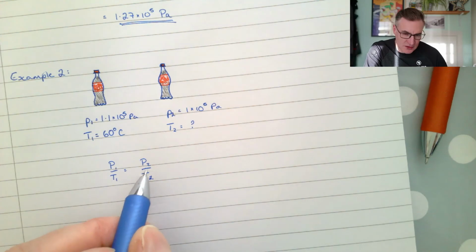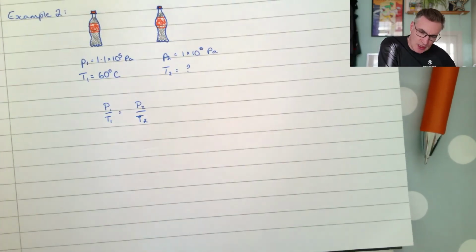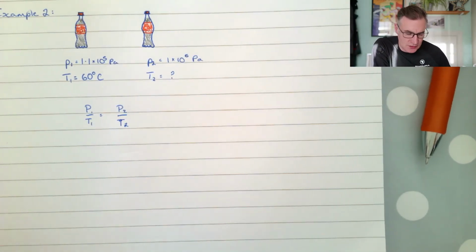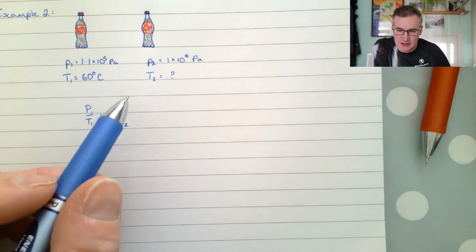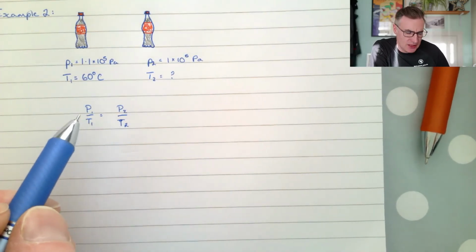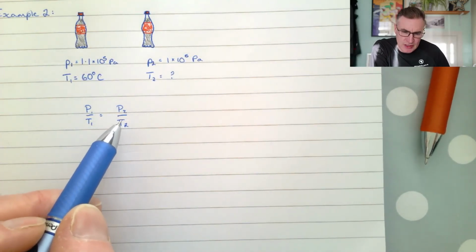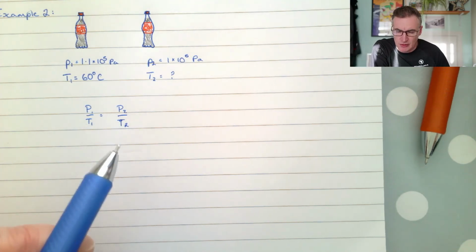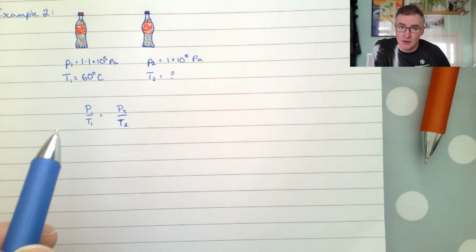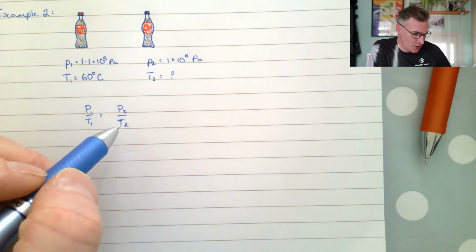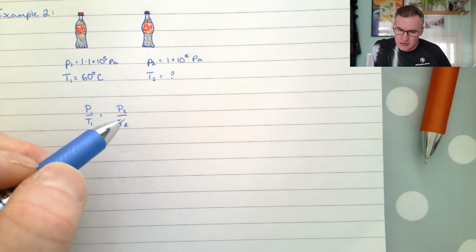We're looking for T2 now. I really wanted to do this because it will show you the different rearrangement. Again, to reiterate, to cross multiply, we need to get the variable on its own and on the top. It's not on its own and it's not on the top.